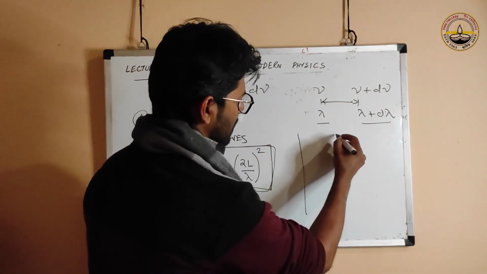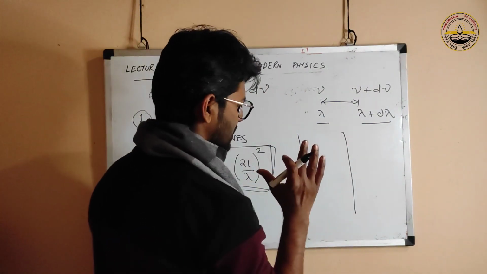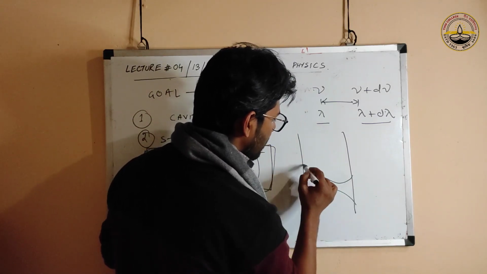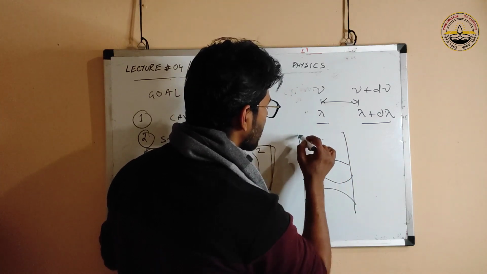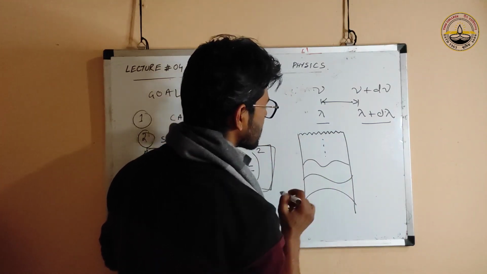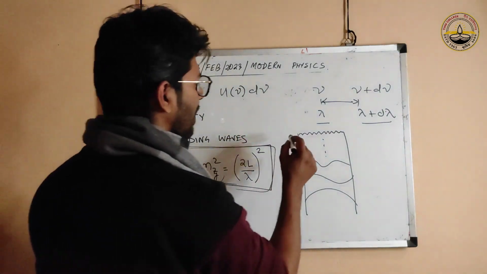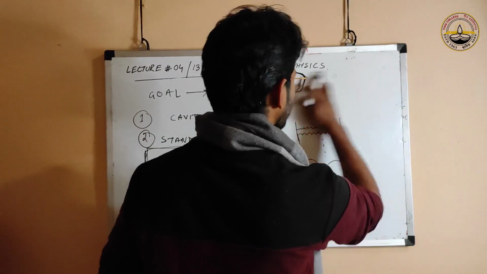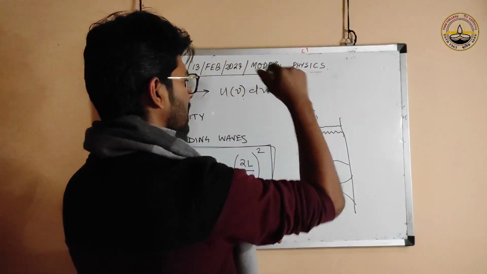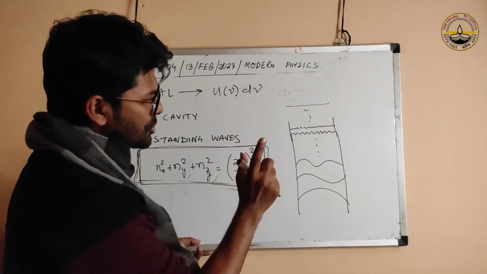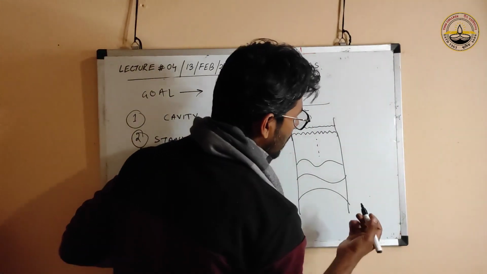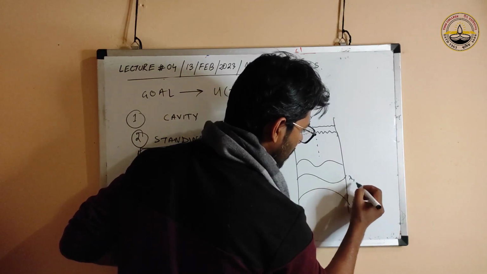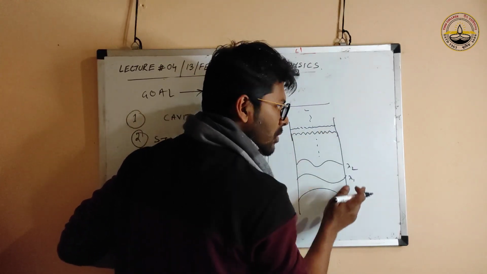For example, let's again take this one-dimensional case, okay? You can have this standing wave, you can have this standing wave, you can have this, and so on, maybe some higher state like this, and then some other higher, very high frequency, and so on, forever. We're interested in a range. Let's say this one is lambda 0, this one is lambda 1, this one is lambda 2. I'm just naming them, okay?